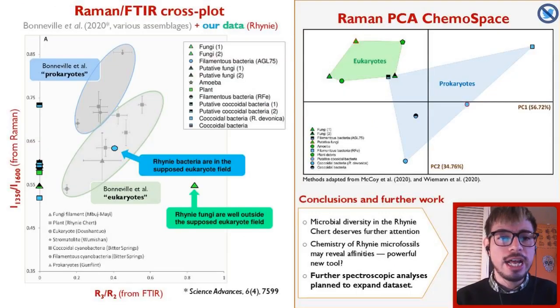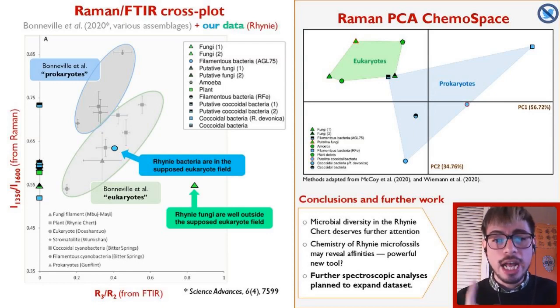Previous studies have suggested that by combining the Raman D and G ratio with the FTIR CH3/CH2 ratio, it's possible to have a chemospace in which we could distinguish between prokaryotes and eukaryotes based on the chemofossil record. Here on the left, we have a plot by Bonneville et al.